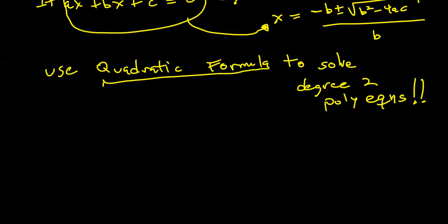Let me give you an example of an application of the quadratic formula. Really, I'm going to solve this equation both ways, both with the quadratic formula and by factoring. Well, let's start out with a relatively simple degree 2 equation. It's already in standard form, right? Terms are arranged in decreasing degree and, of course, equaling 0.